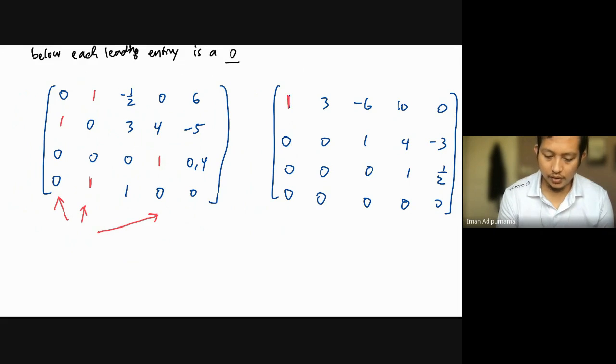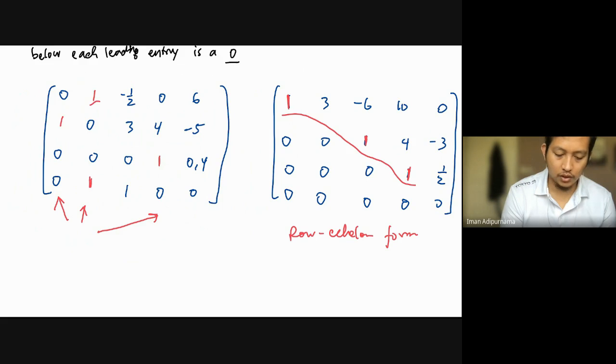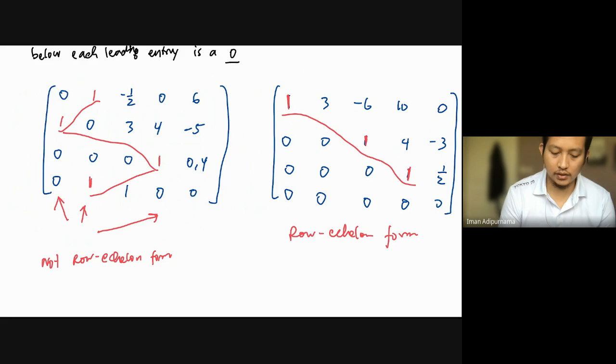If you look here, this is 1, 1, 1. This form here is row echelon form. We are looking at the form. If you look here, going from here, to here, to here, it's not in row echelon. One way to solve this is we need to switch this to here, and maybe switch this too.